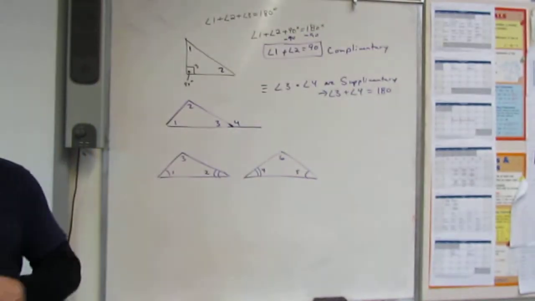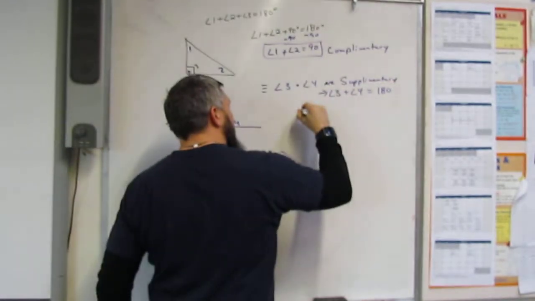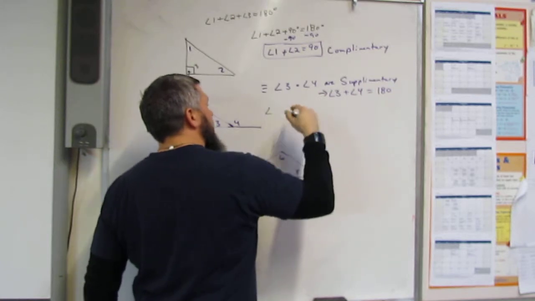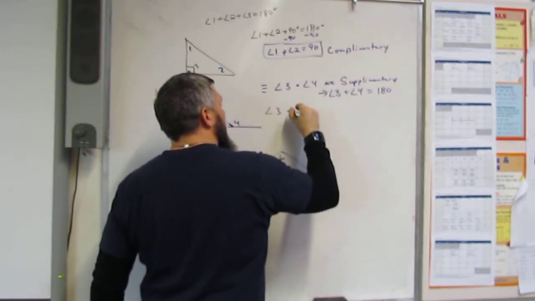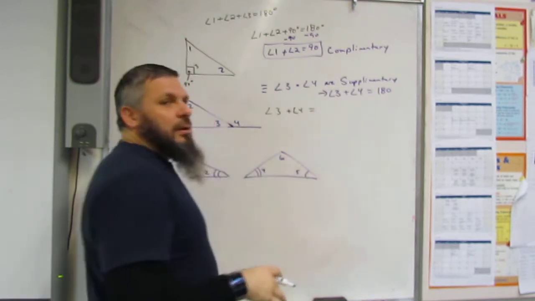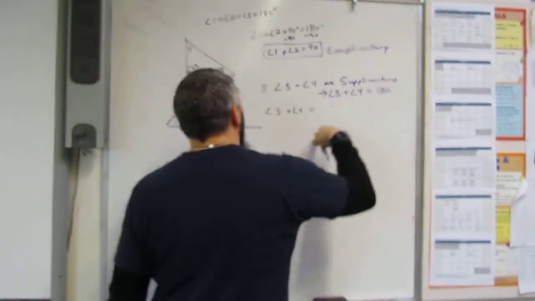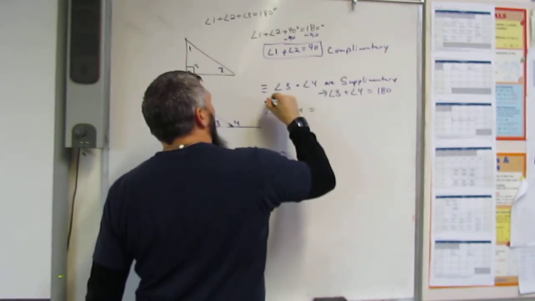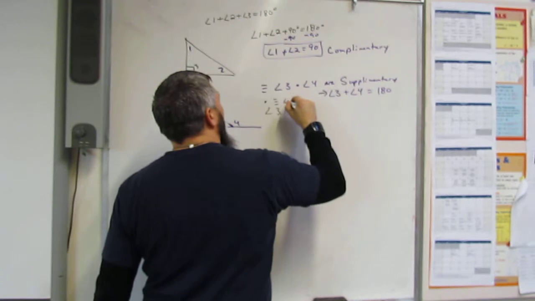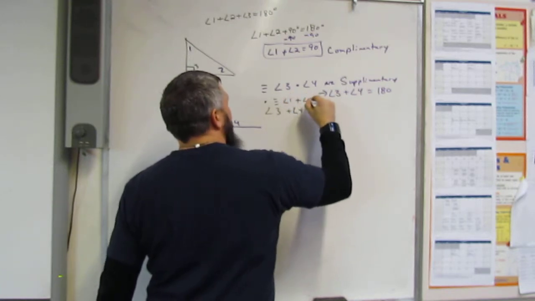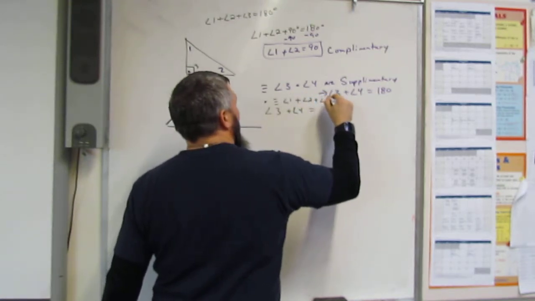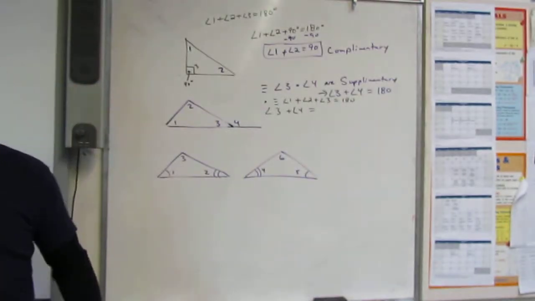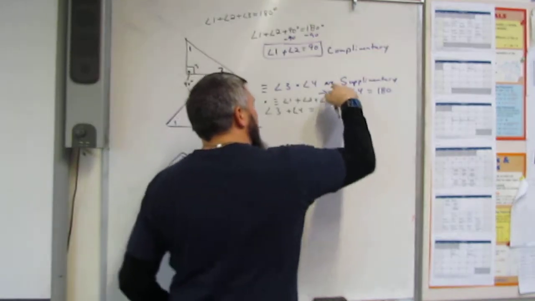Since 3 and 4 are 180, and if angle 1 plus angle 2 plus angle 3 equal 180, because they all add up to be 180, then wouldn't these two equal each other?